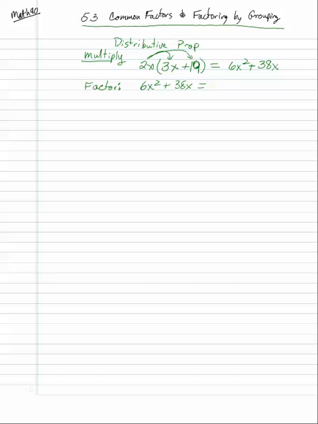So what you do is you say, well, what number divides them both? That's a common factor, 2x, and then you factor out the 2x, which is basically dividing, so 3x plus 19. So that way is factoring. Okay? But they're both the distributive property. It's the same idea.